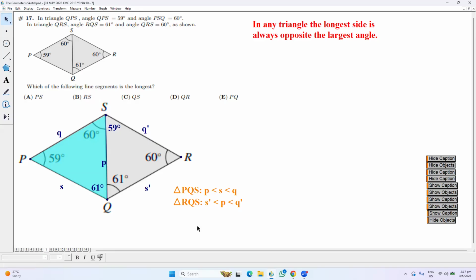Then we can think of a few ideas. But after I realized the two angles 61, 61 are equal, I do a reflection along the line SQ, so that the two equal angles will overlap. So reflect the triangle PQS, the blue triangle, over the gray triangle.